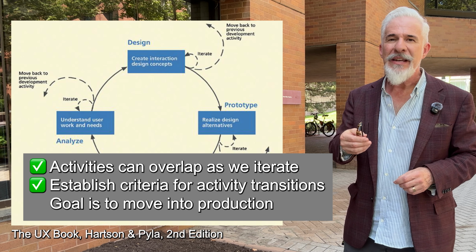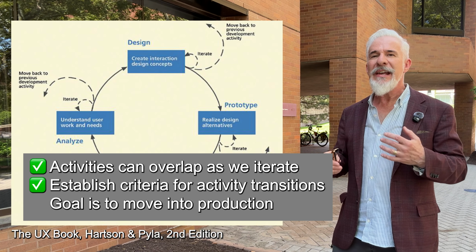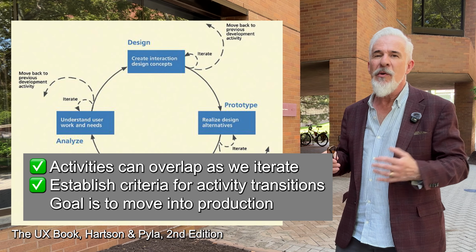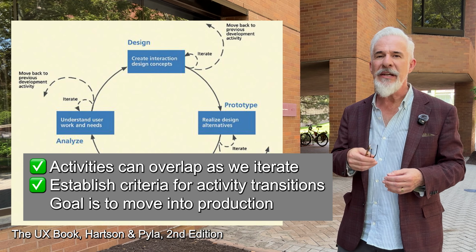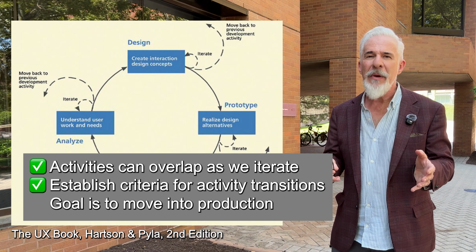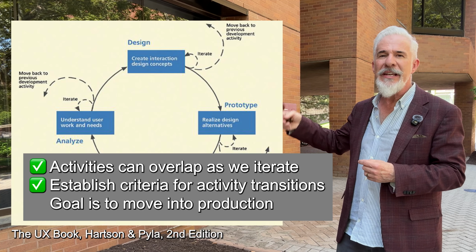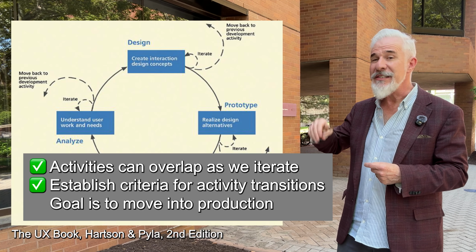And that's going to depend on whether your goals have been met, how much risk you're willing to take, and how much resources you have, whether that's time or money or personnel factors. And overall, we have to remember that navigating through the wheel or iterating through the cycles is a process, not the outcome. And the goal is to ultimately move into production. So we always want to move to the next phase if possible.